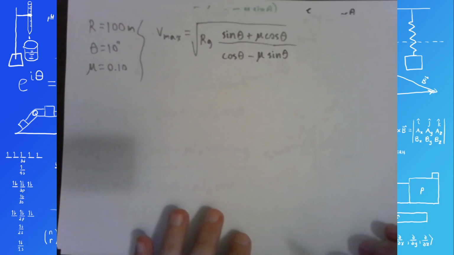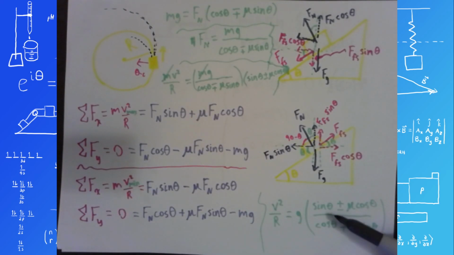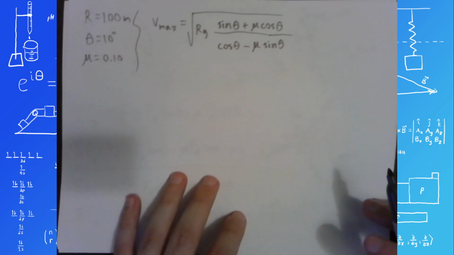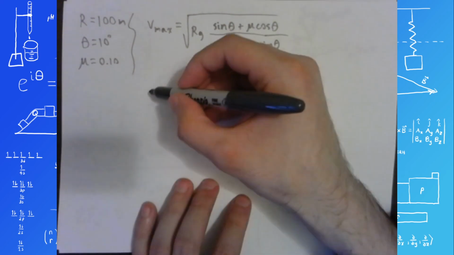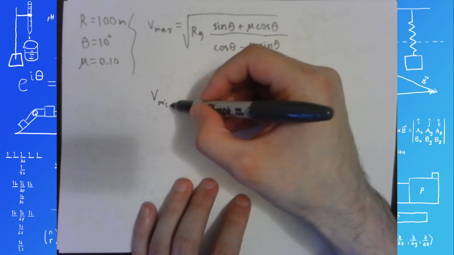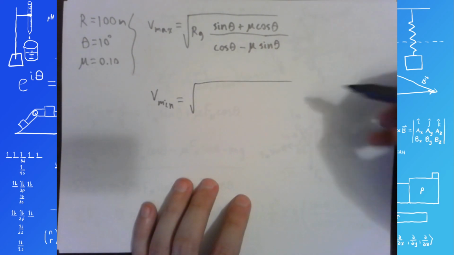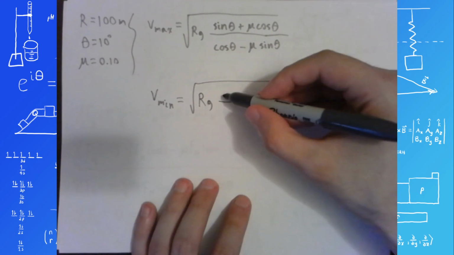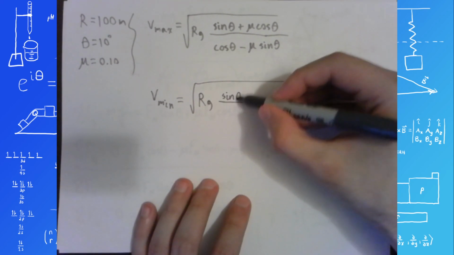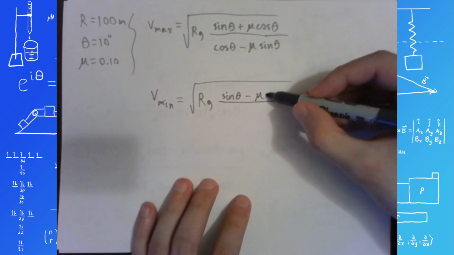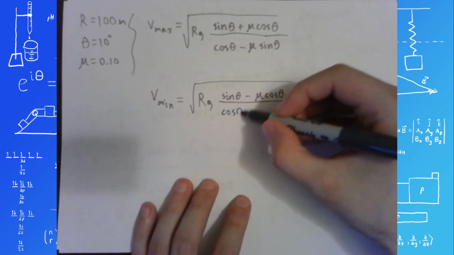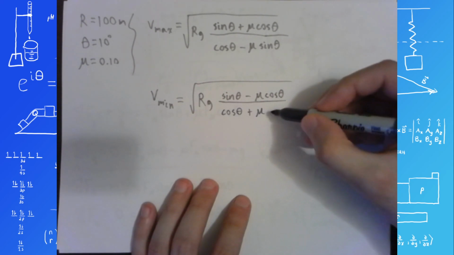Did I copy that right? Yep, sine first, sine mu cosine, cosine mu sine. Yep, I got it. And then similarly, V minimum will be the square root of RG times sine theta minus mu cosine theta over cosine theta plus mu sine theta.